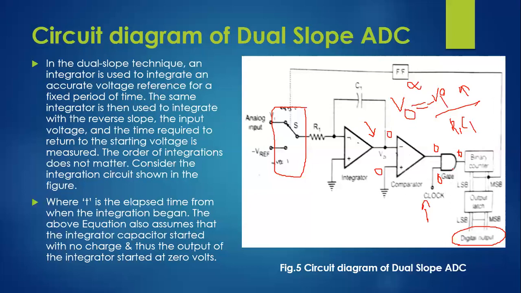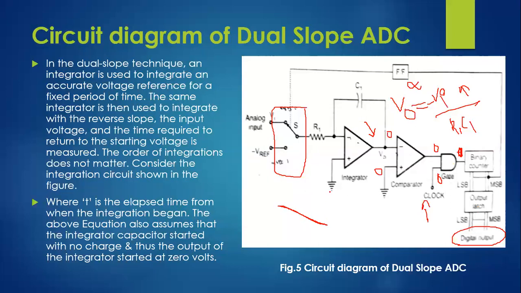Then the gate will stop the counting operation, so the AND gate will produce output equal to 0. Then the binary counter stops counting the number of clock pulses that have been applied, and it will produce the desired output at the output latch. So it completes half of the circuit, that is, the negative ramp signal is showing the half of the circuit.